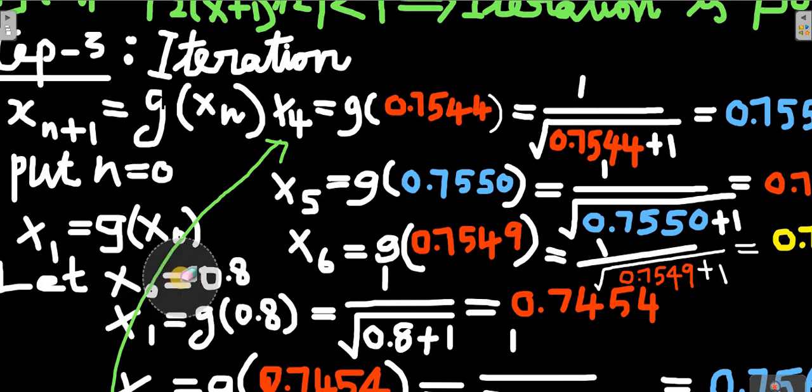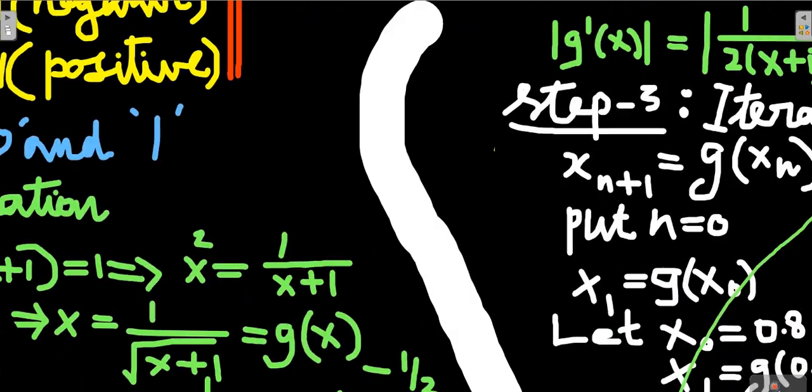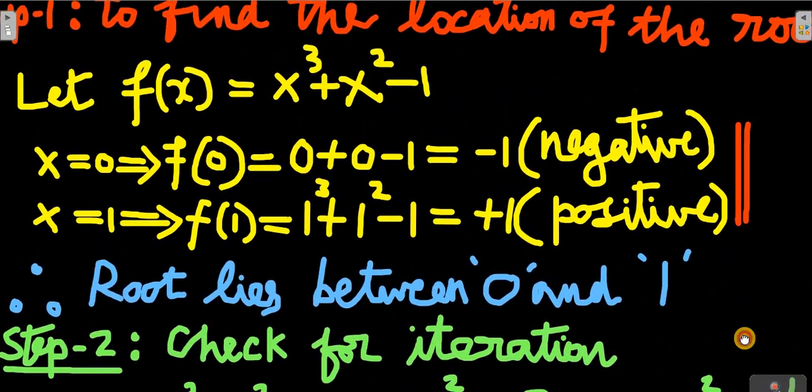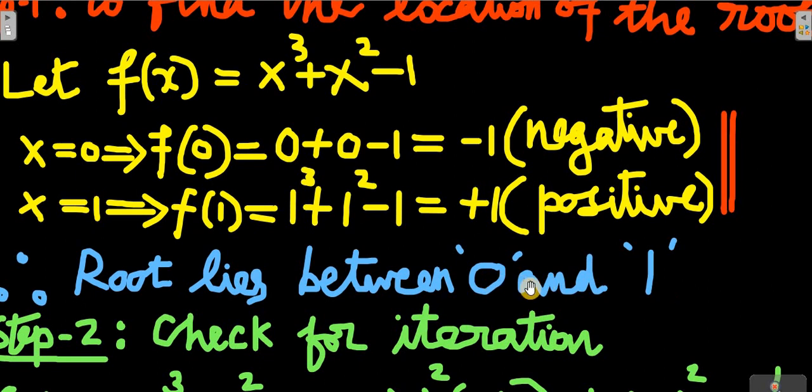You may ask me the question why I have taken this initial value as 0.8. Okay, now go back to the location of the root. We already know the location of the root is between 0 and 1.